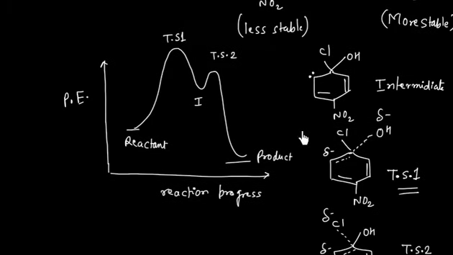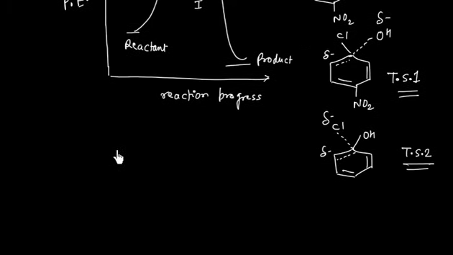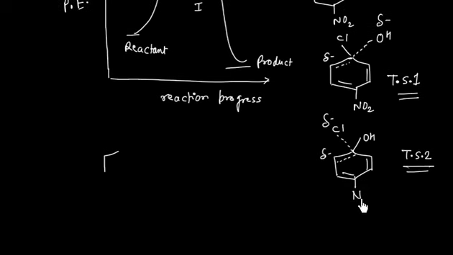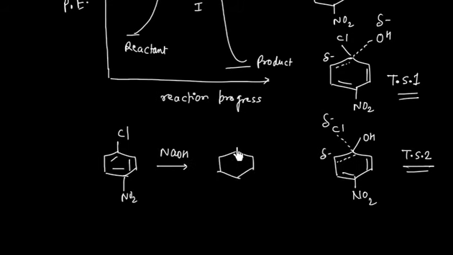If you see, the final product is a substitution product. Initially the NO2 group is also here. Initially we have this compound with Cl and NO2, and if this is reacted with NaOH, finally we have removed one Cl and added one OH. So the final reaction is substitution.